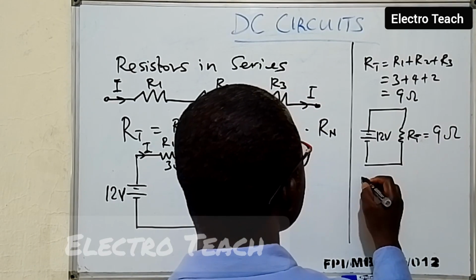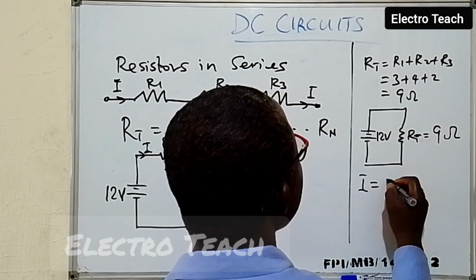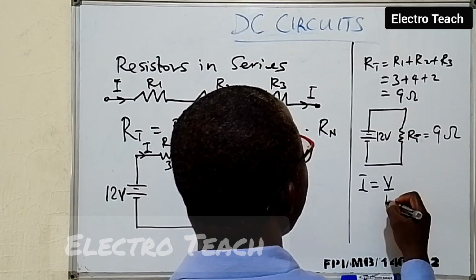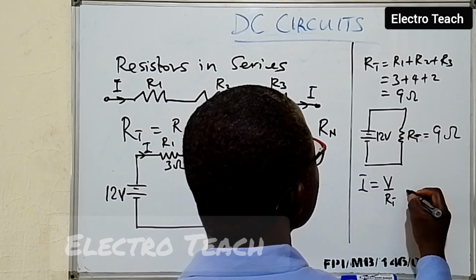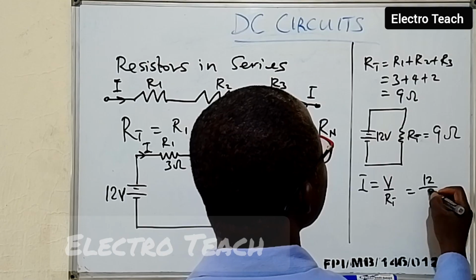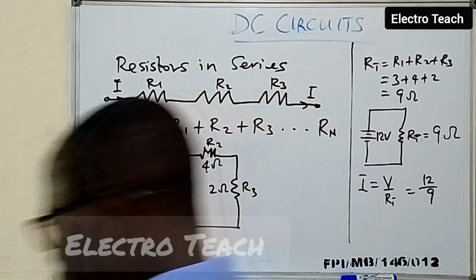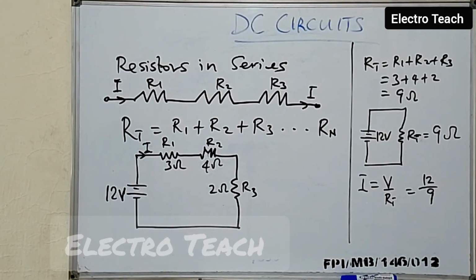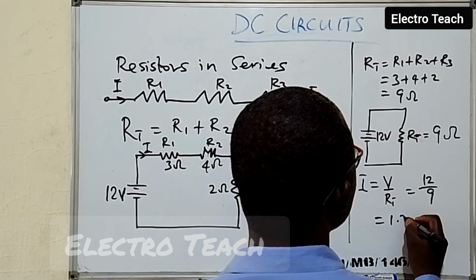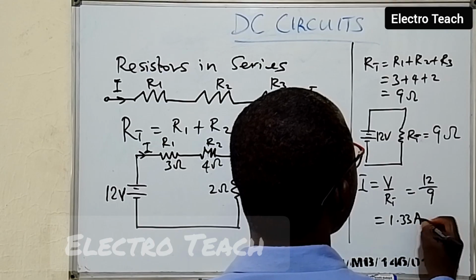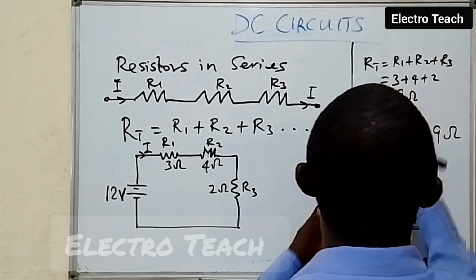So for that reason, using Ohm's law, I equals V over R total. And that gives us 12 divided by 9. So we calculate that 12 divided by 9 gives us 1.33 ampere. That's the total current moving in this circuit.